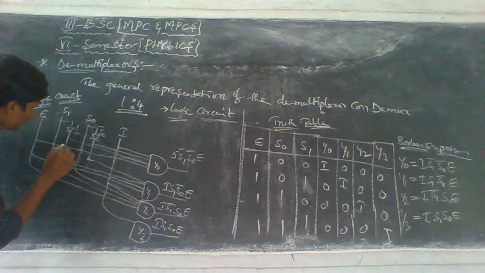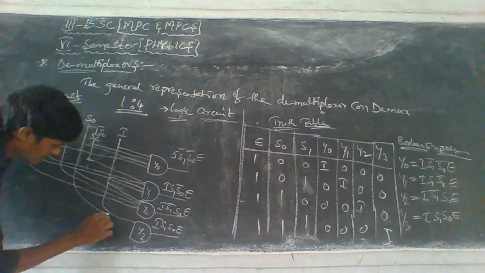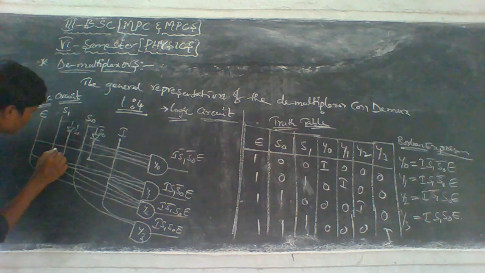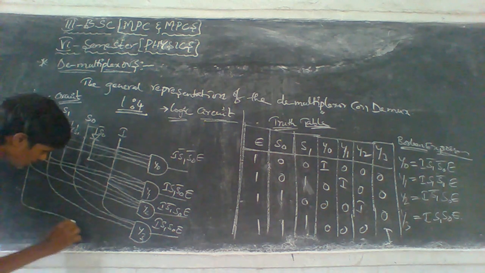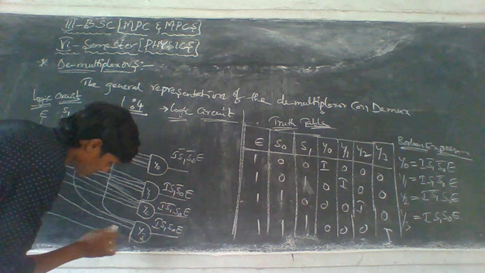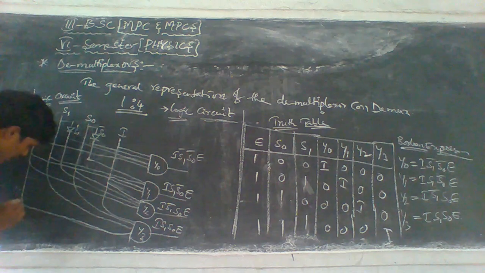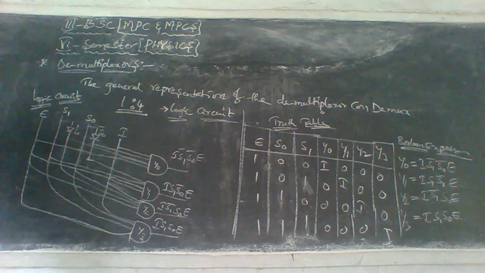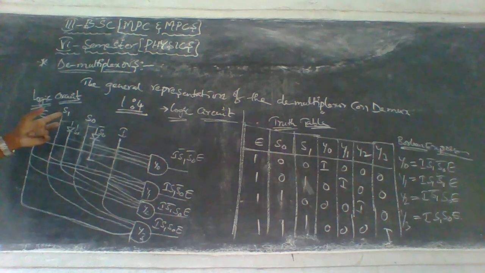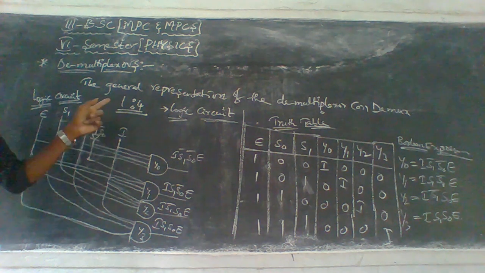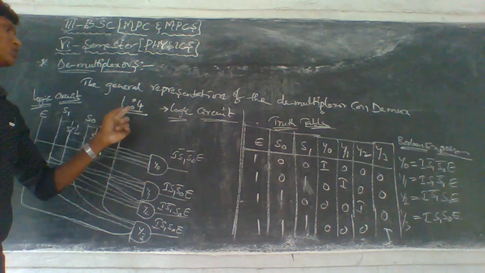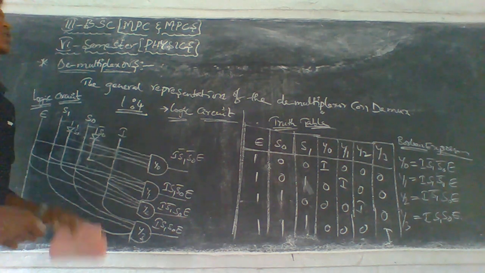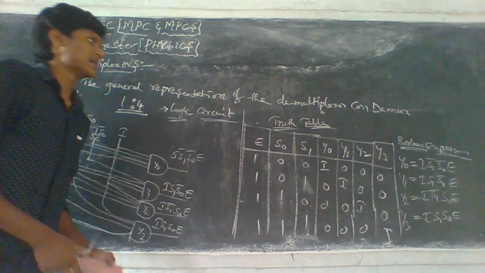So this is the logic circuit of the one line input to four line output demultiplexer.